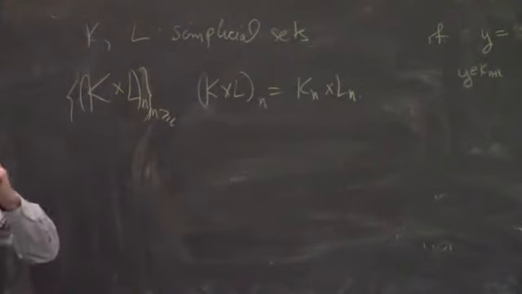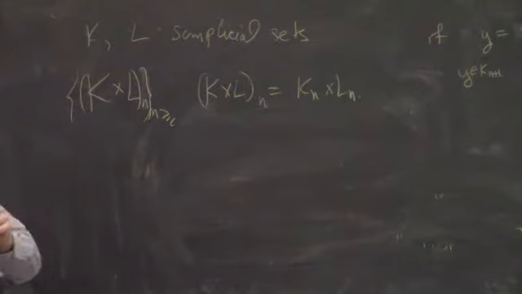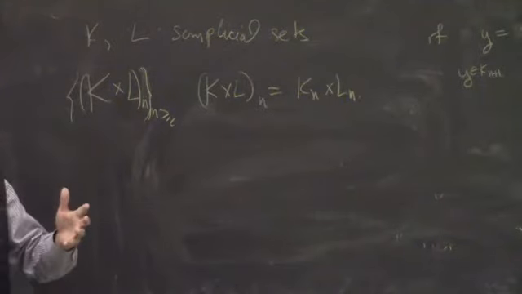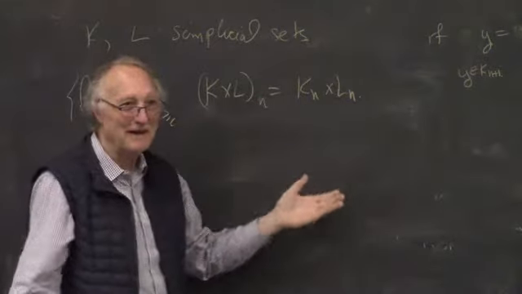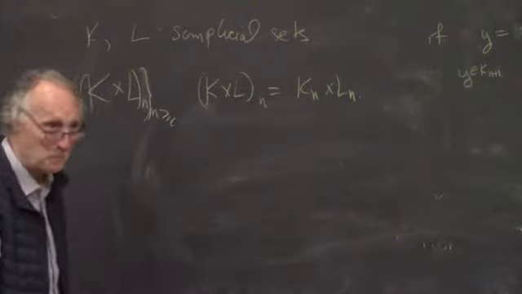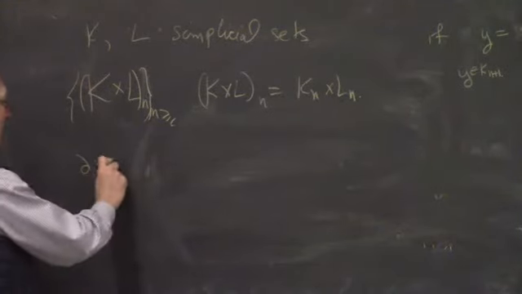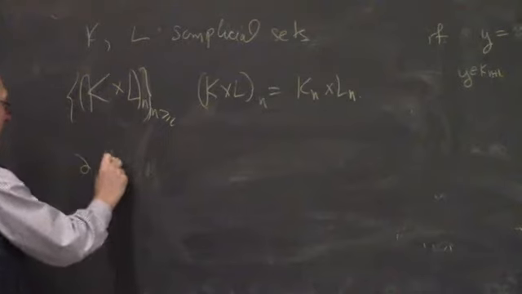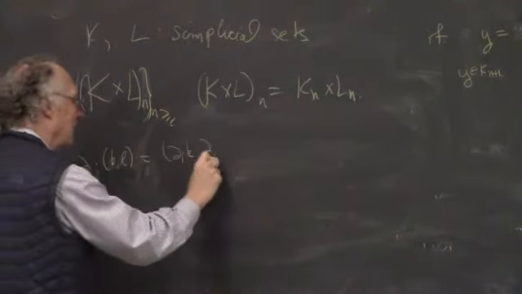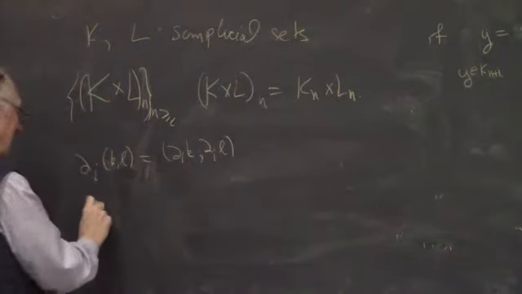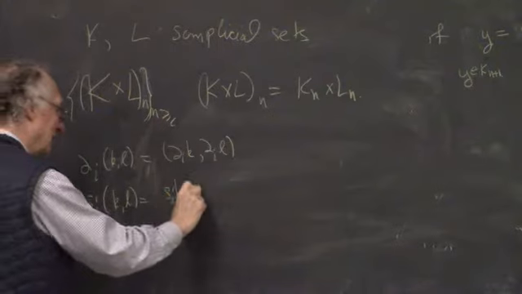If you take a product of an n simplex and an m simplex, you're supposed to get something of dimension n plus m. Here we're taking what looks like a product of two n simplices and ending up with another n simplex. And boundary i of (K, L) is simply (boundary i K, boundary i L), and s_i of (K, L) is simply (s_i K, s_i L).